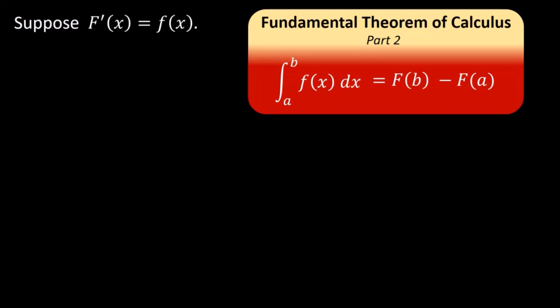So ultimately, it doesn't matter which antiderivative you choose. Now in part one of the theorem, I was a little bit more specific about my choice of antiderivative. And here, I don't really care, because a different choice of antiderivative will give you the same answer anyway. So capital F is just any antiderivative for little f.